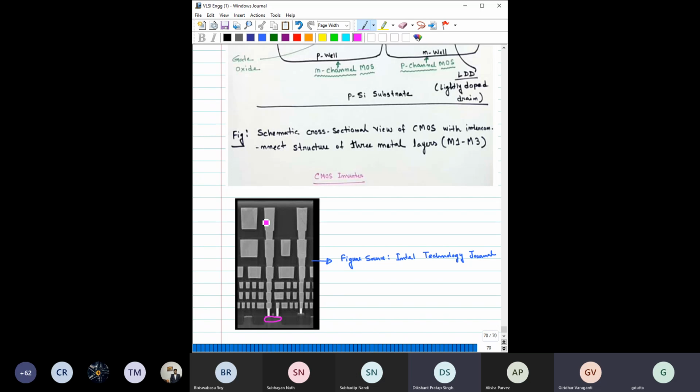This is an actual view, right? How does it look? So you can see, compared to the width of the total structure, these metal lines and all these things, see, not the width, the thickness or the height of this whole structure. The height of this device is too small, right? Too small.